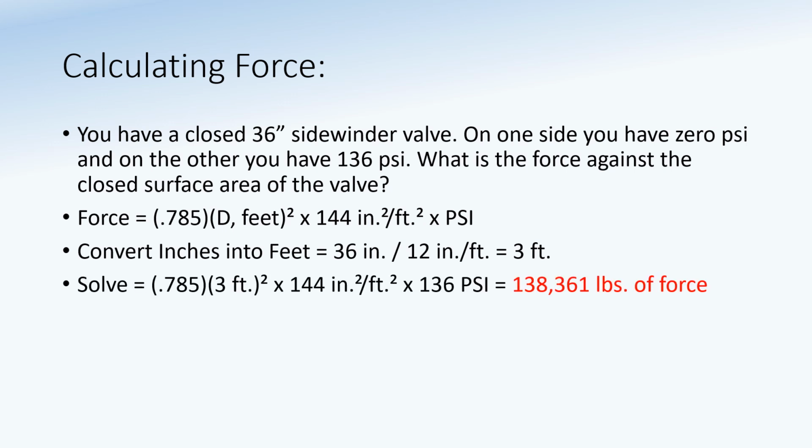So then we insert that number into our equation here. So you get 0.785 times 3 feet squared times 144 inches squared per foot squared times the 136 psi, and you get 138,361 pounds of force on that one side of that valve.